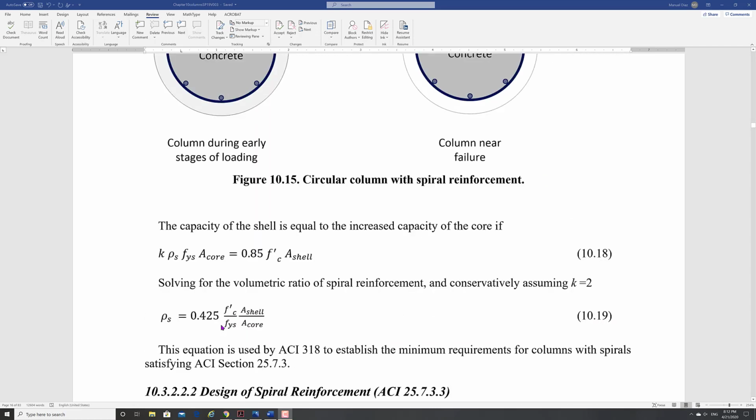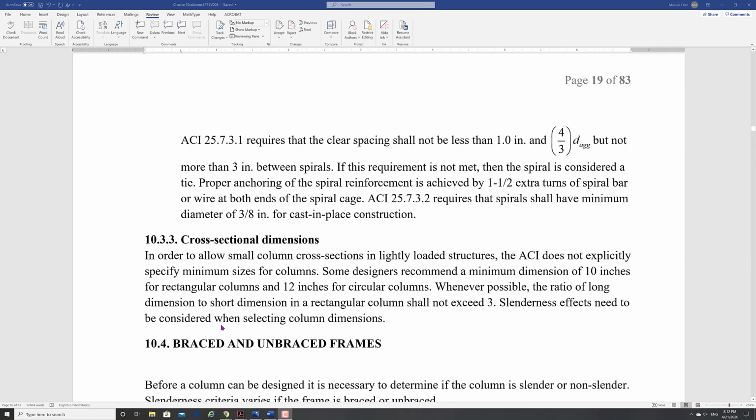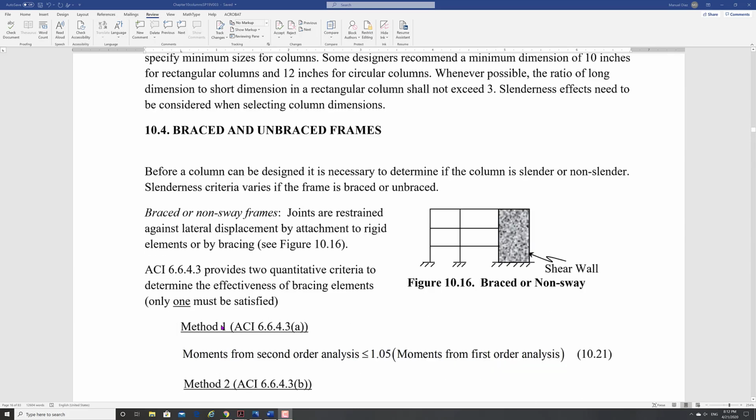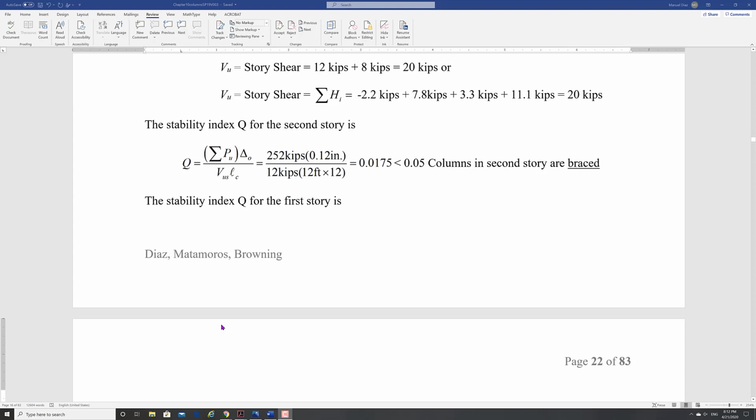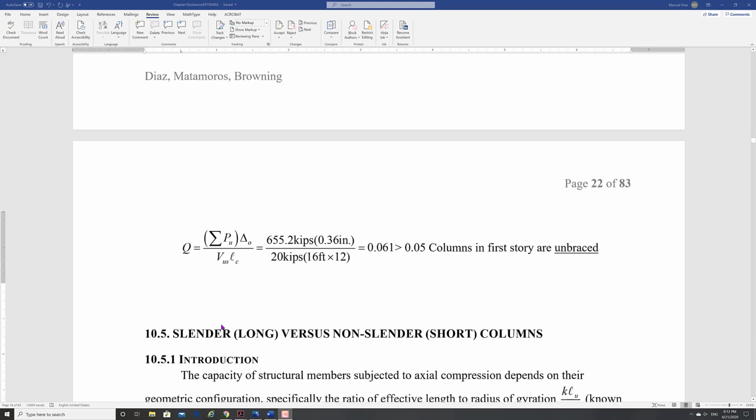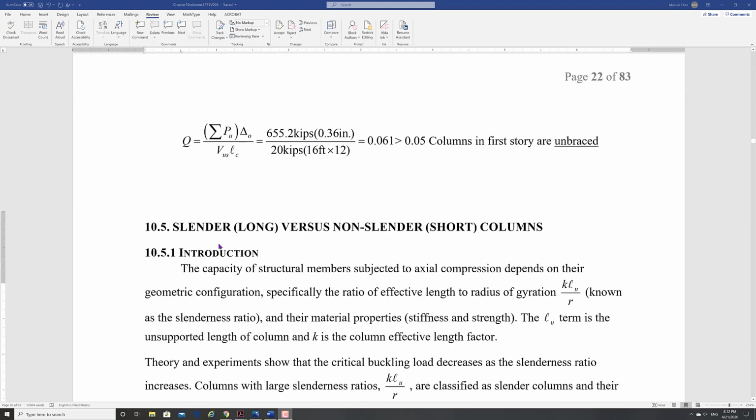That's important because the formulas to decide if a column is going to be slender or non-slender depends on if it is braced or if it is not braced. Okay? And so that's what we need first to understand that part, and then we can apply the formulas for slender, usually called long columns, and non-slender, usually called short columns.